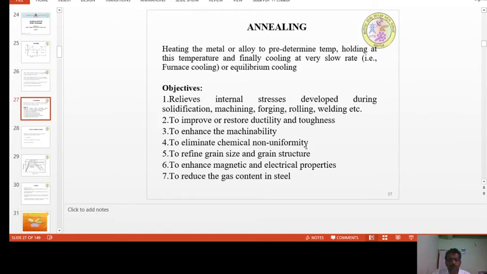If the composition is not uniform throughout the material, in that case also people will use the annealing process to make the composition uniform, to refine grain size and grain structure. To reduce or increase the grain size, we will use annealing, and to enhance the magnetic and electrical properties, and of course, to reduce the gas content in the steel. So these are the various objectives of annealing.